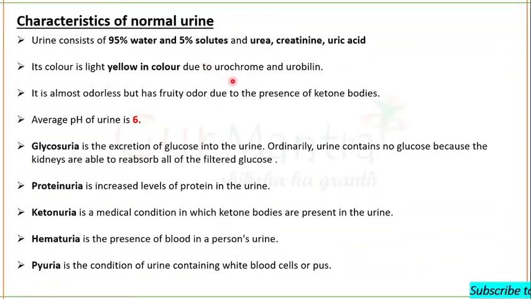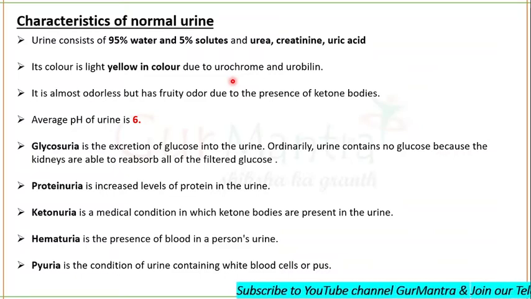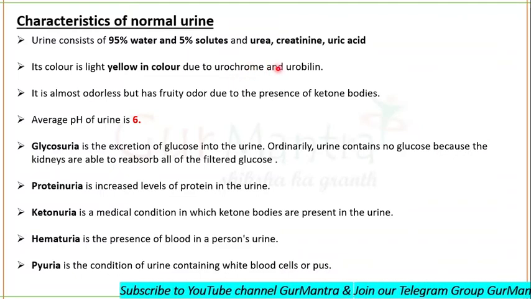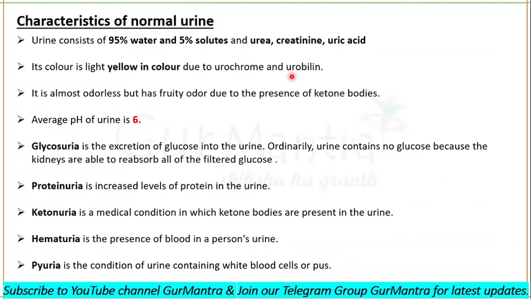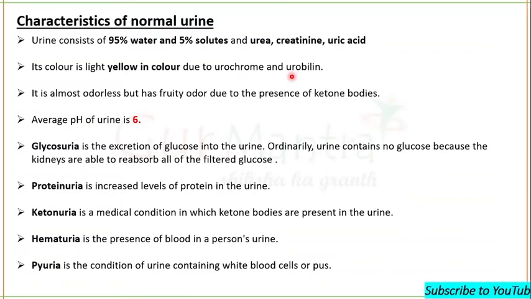Now, what is urochrome? Urochrome is a pigment produced by the breakdown of bile, and urobilin is a pigment produced by the breakdown of hemoglobin.